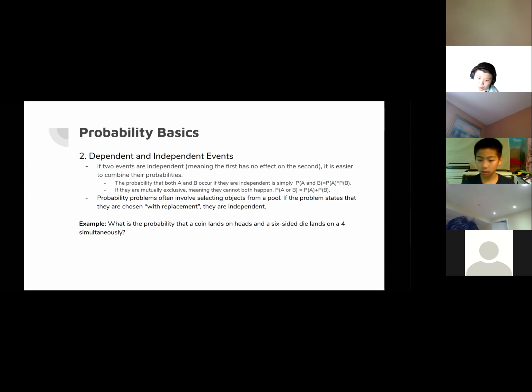And if you have two events that are mutually exclusive, which means that if one happens, the other doesn't happen, then P of A or B is P of A plus P of B. An example of that is, what's the probability that I roll a die and it equals either 3 or 6?